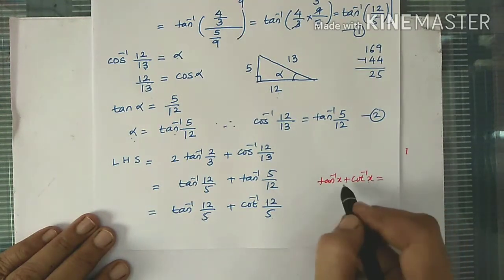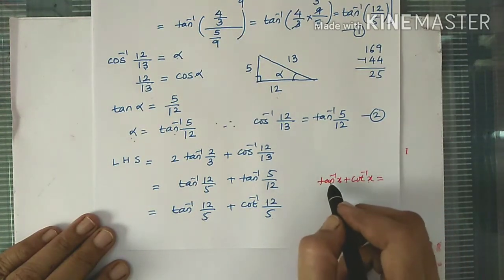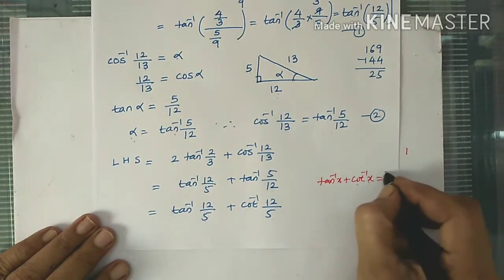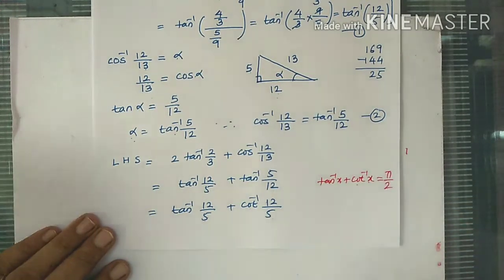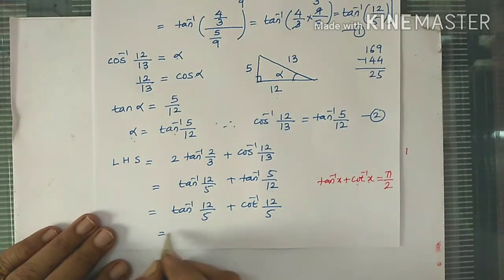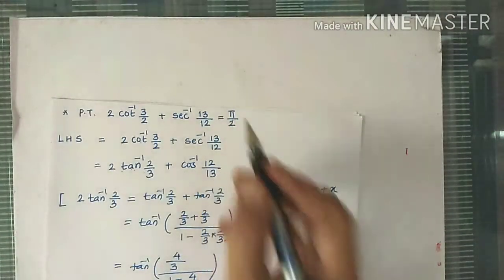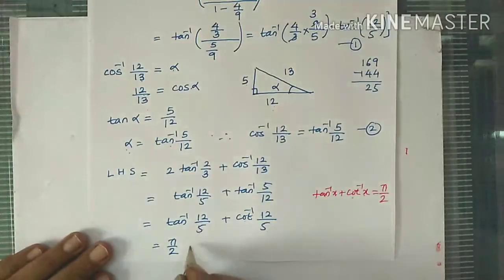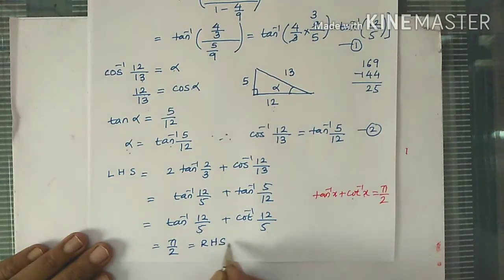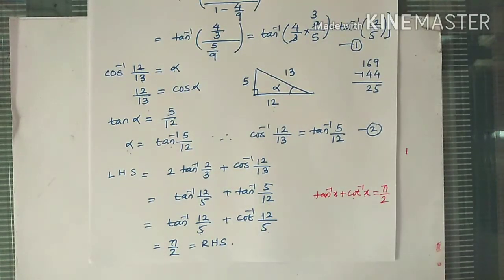Whenever the number is the same and we have one term as tan inverse and the other as cot inverse, the value is pi by 2. So tan inverse 12 by 5 plus cot inverse 12 by 5, the number is the same, so this becomes pi by 2, which is our right hand side. So this is the answer.